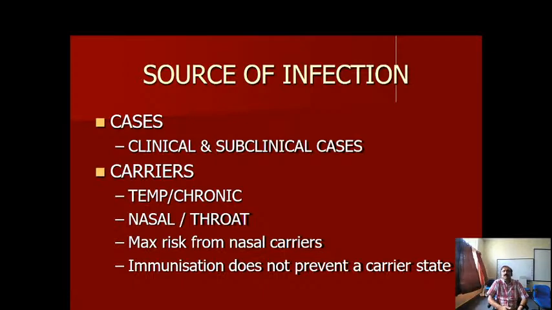Carriers are individuals who have the organism but may not suffer from the disease. The maximum risk was from nasal carriers, and immunization does not prevent a carrier state. That is the biggest problem. Immunization prevents cases only.